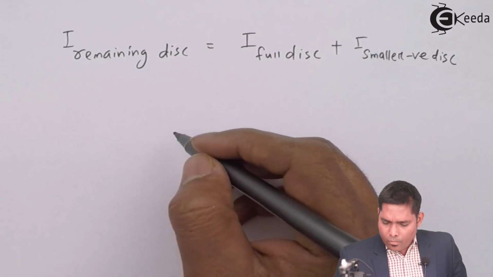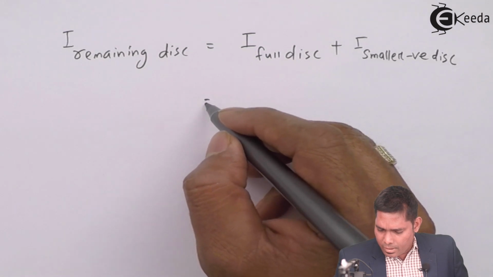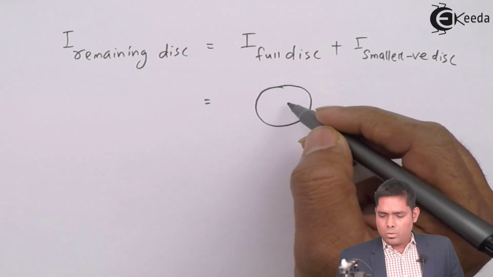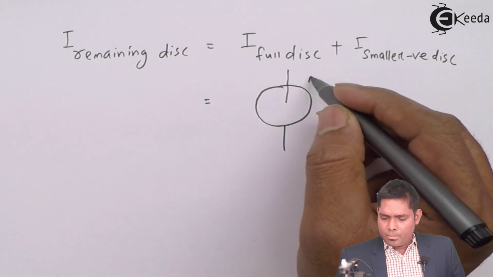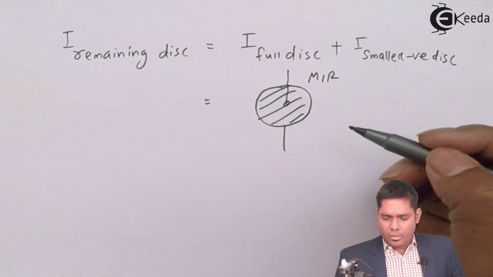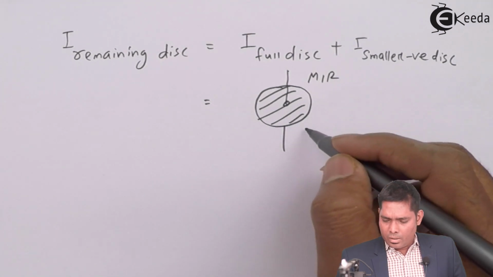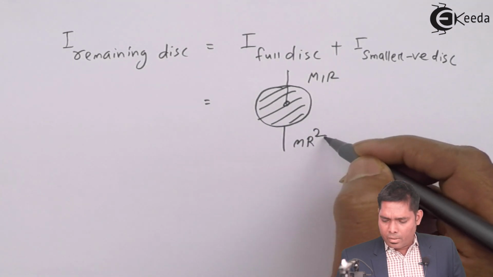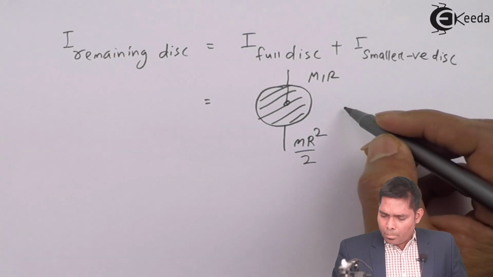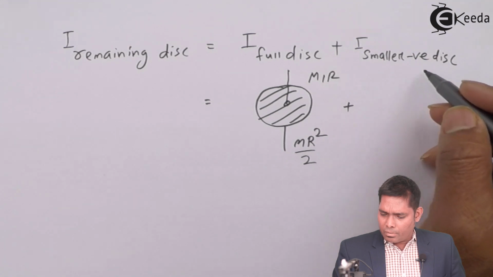So this way, for the full disk of mass m, radius r, about this axis, it is m r square divided by 2, plus the moment of inertia of the negative mass disk.